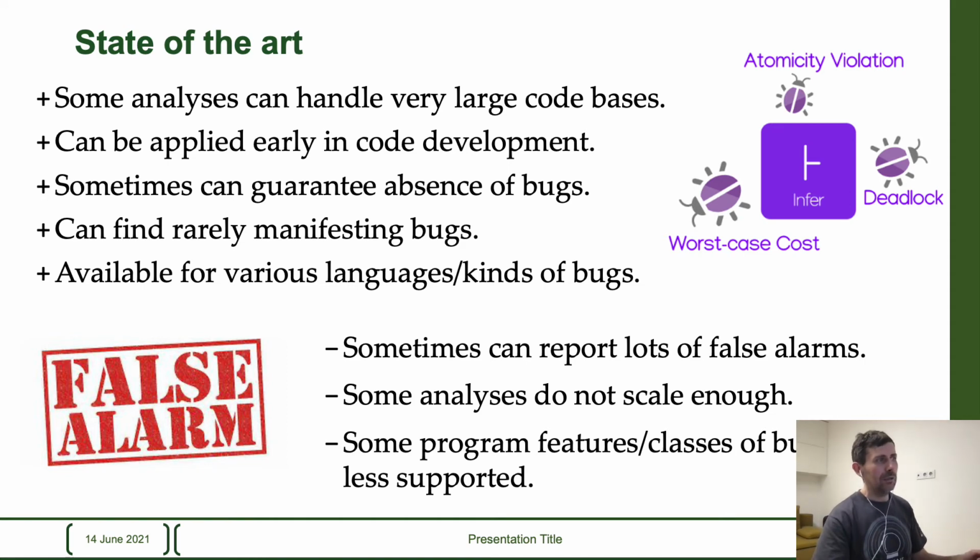Well, I have said that many programming languages, classes of bugs are supported, but not all. Some program features may be difficult for static analyzers. Some classes of bugs may be completely not supported or less supported, or one needs to fine-tune the analysis for the concrete kind of code which is used in some company.